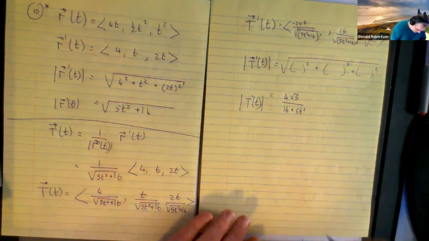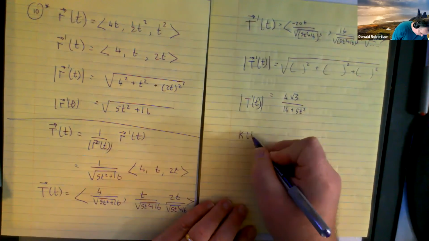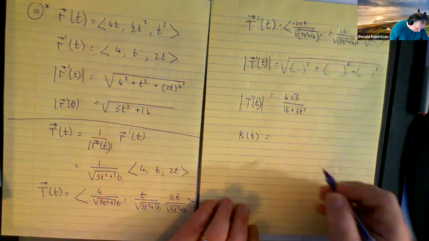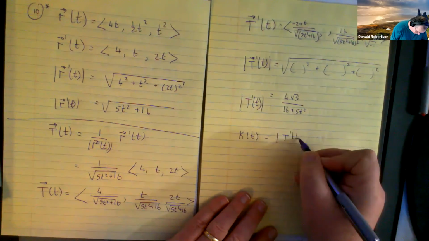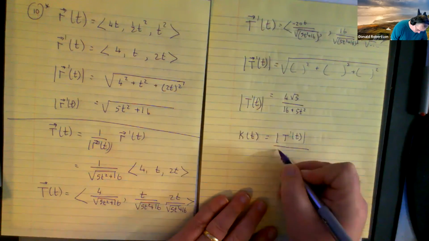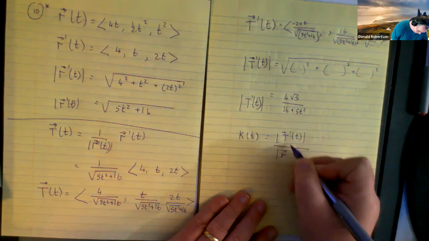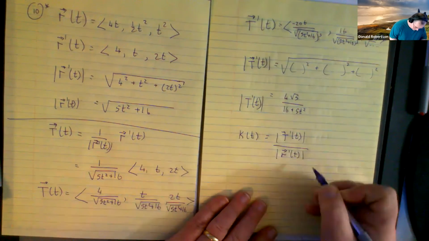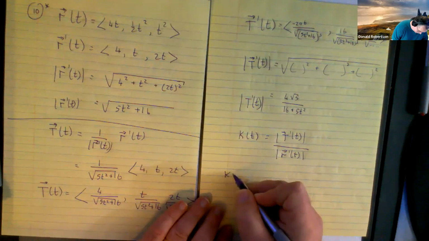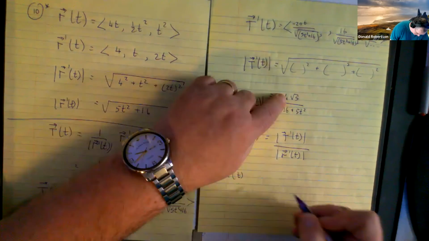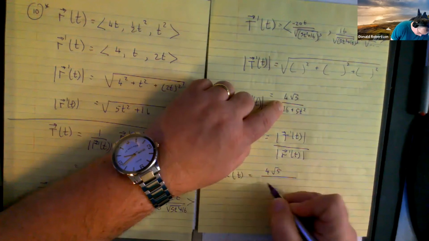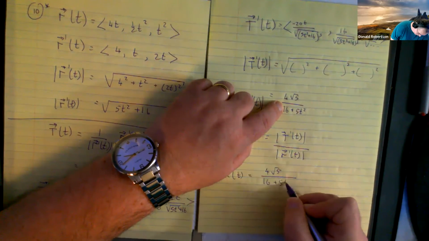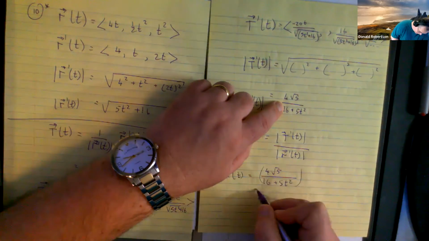And so to get the curvature, you just take the magnitude of this divided by the magnitude of that. So let's see what that looks like. I have a 4 square root of 5 over 16 plus 5t squared, that's the top.